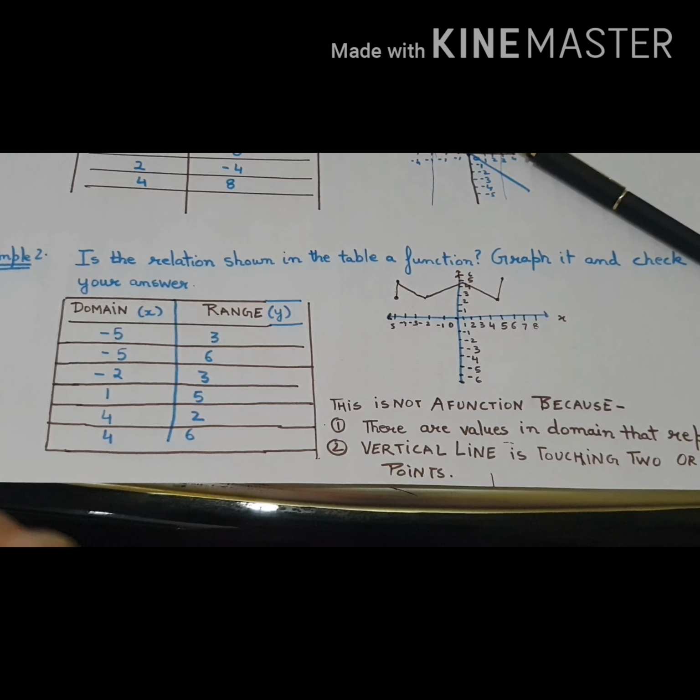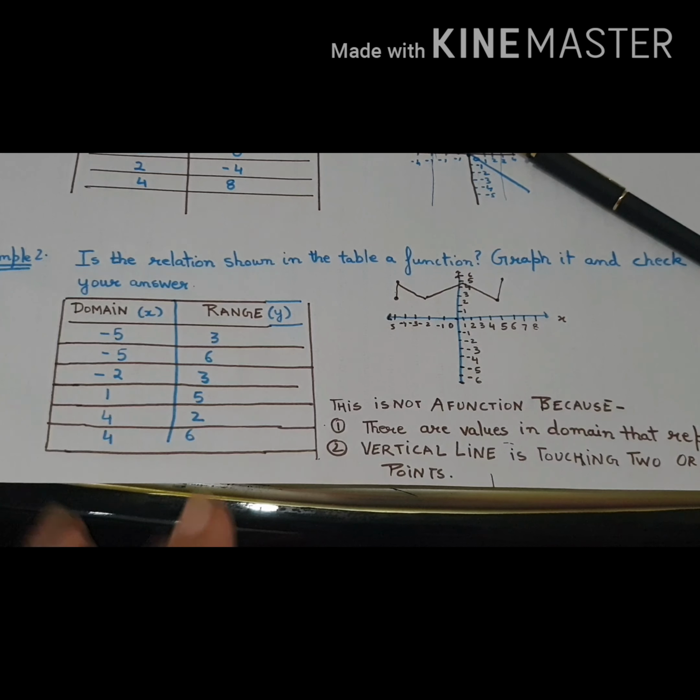If the vertical line is touching 2 or more points, then it's not a function. Please keep in your mind that you have to do both these tests. Then only you can prove whether the table is a function or not.